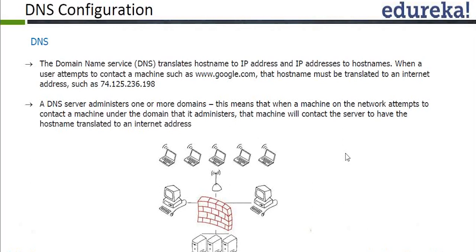For example, it is easy to remember Amazon.com, Google.com, or Reddit.com, or mail.google.com, which is the mail server of Google. It is easy for everyone to remember the host names.